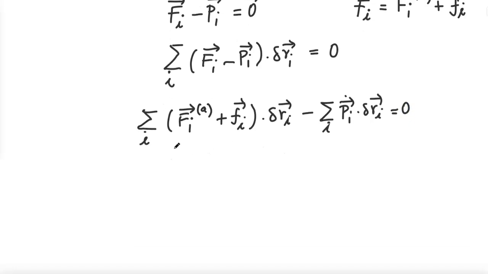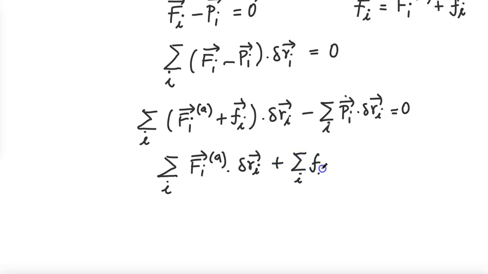Now again the same thing: summation over i of F_i bar A dot del r_i bar, plus summation over i of small f_i bar dot del r_i bar, minus summation over i of P_i bar dot dot del r_i bar is equal to 0.